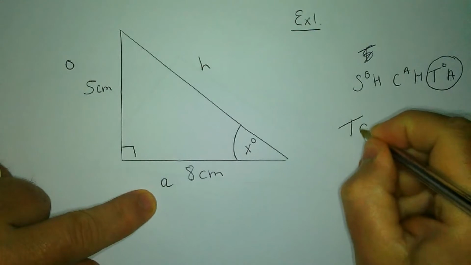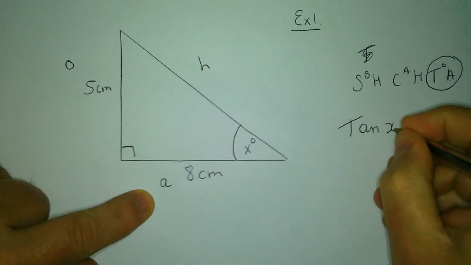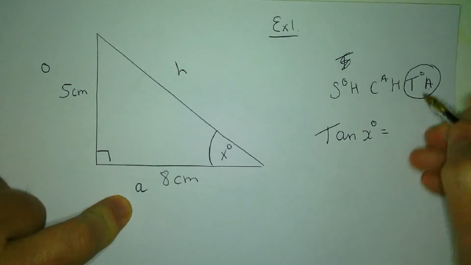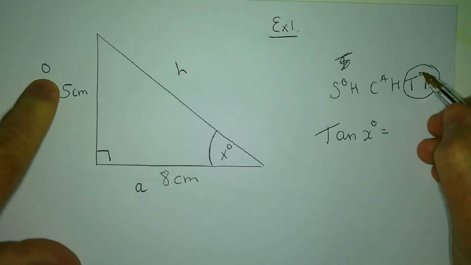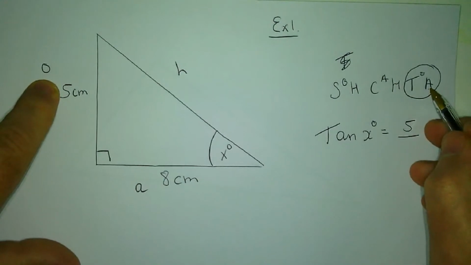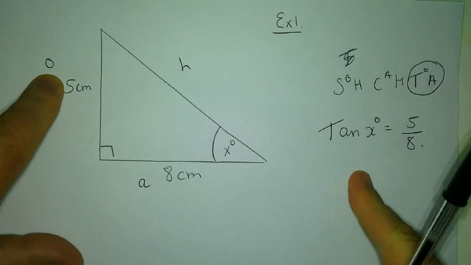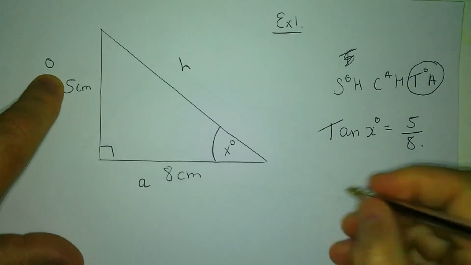So all I'm going to do is fill in my values. Tan x degrees equals my opposite, 5, divided by my adjacent, 8. It's the same idea as we just did earlier on.